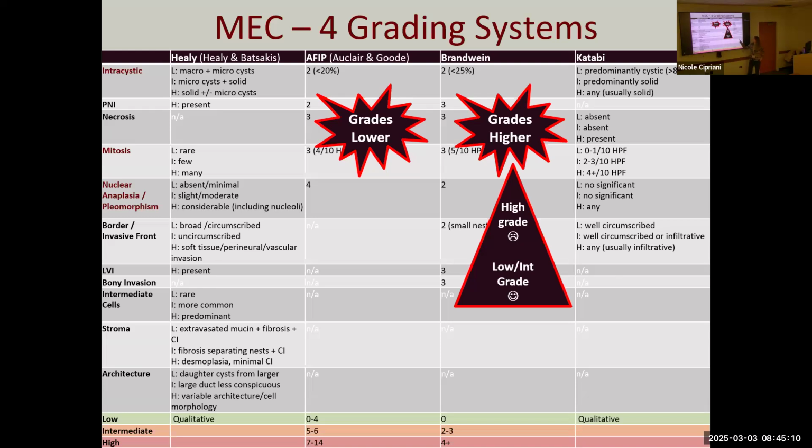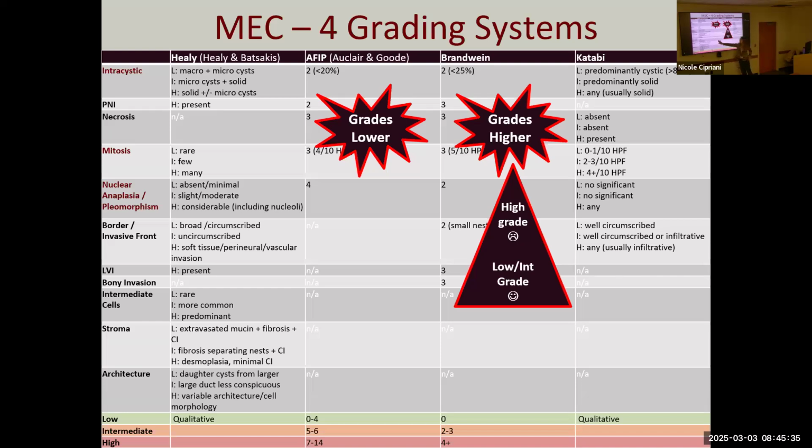In the Brandwein system, it is thought that those that are graded low and intermediate are actually biologically low. So if it's a Brandwein intermediate, I generally just shove it into low. But if you give it a Brandwein high, those probably have more likelihood of actually being biologically aggressive. So I try to use that dichotomy when grading mucoepidermoid carcinoma.